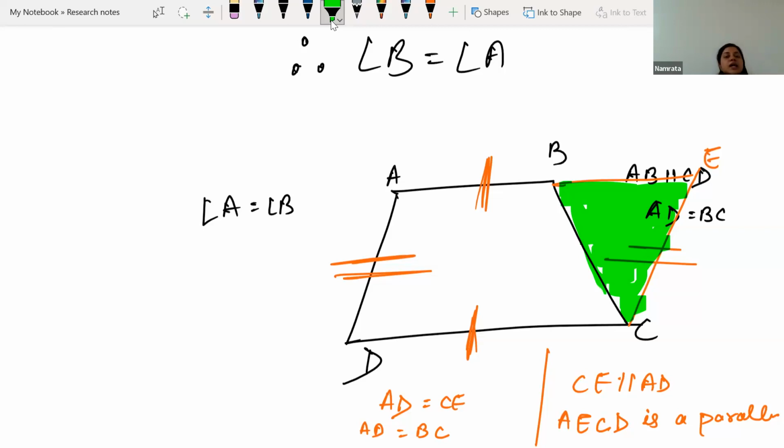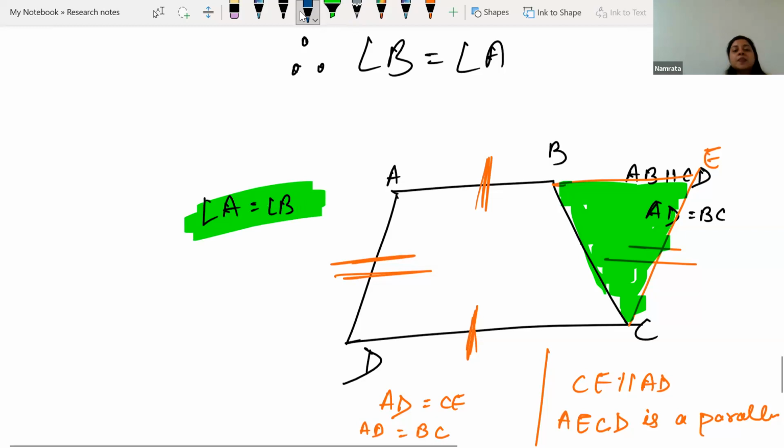After getting opposite angles as same, we want to prove that angle A is equals to angle B. So we wanted to prove this blue angle is same. We are saying this is x, this is x. So if this is x, this will be 180 minus x.